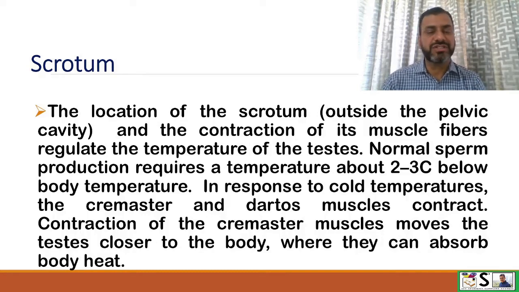Normal sperm production requires a temperature below body temperature, meaning 2 to 3 degrees less than the body temperature. In response to cold temperature, the cremaster and dartos muscle contract, and due to contraction of these muscles, the testes move closer to the body and they absorb body heat.